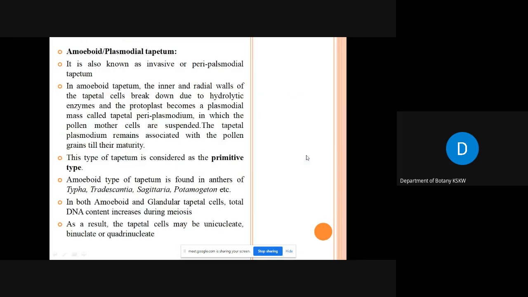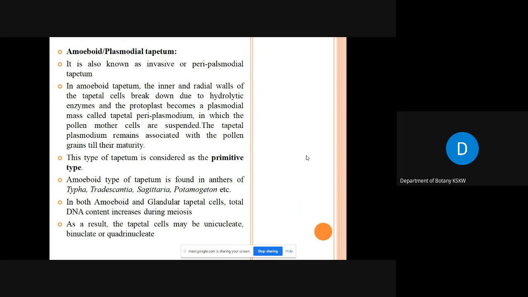Next, we have the amoeboid or plasmodial tapetum. Now, the amoeboid or plasmodial tapetum is also known as the invasive or periplasmodial tapetum. Here, the tapetum will not secrete its content slowly. Instead, the cells will break down due to hydrolytic enzymes.